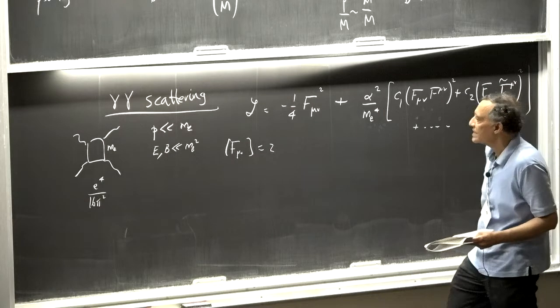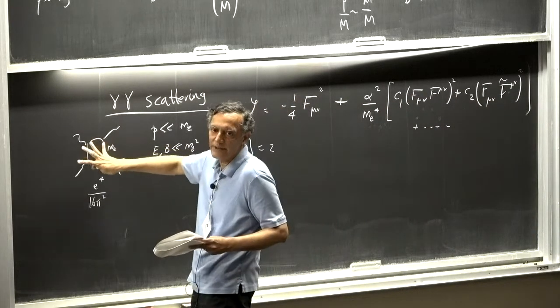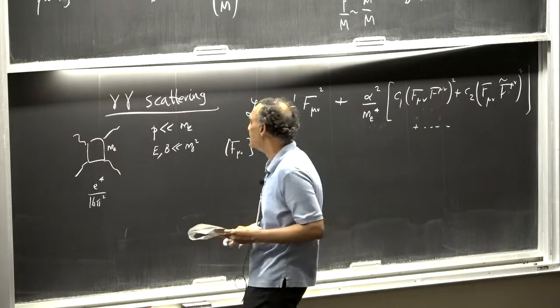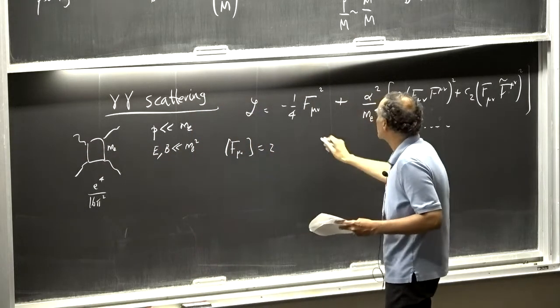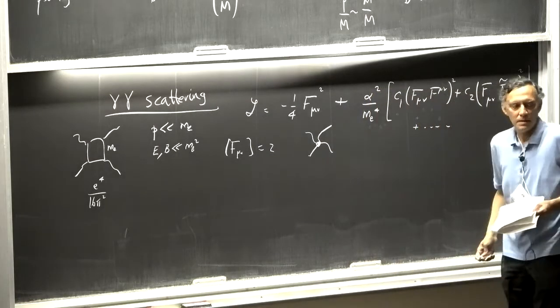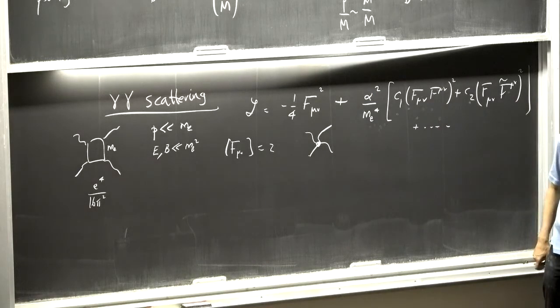So what is the photon-photon scattering amplitude? The box diagram, the full theory diagram in QED, turns into a diagram which just looks like a dot, or 2 dots, one for the C1 interaction and one for the C2 interaction.